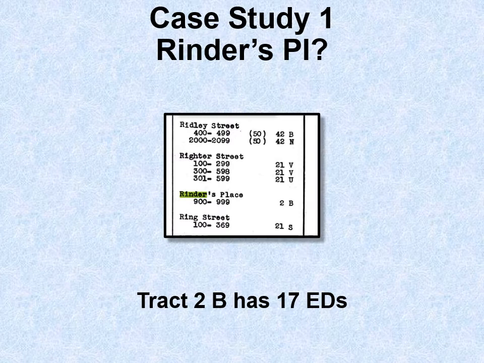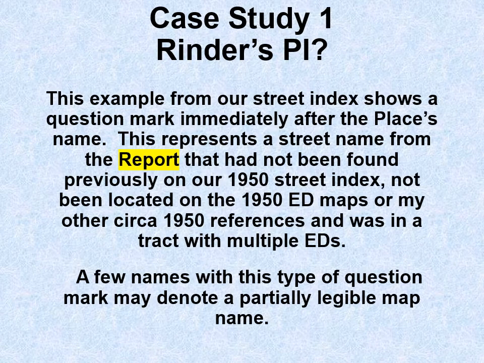All right, I'm going to show you two examples, two case studies. Rinders Place shows on the report in 2B, tract 2B, has 17 EDs. Okay, you notice that the question mark comes right after the place. This example from our street index, and that's how it's listed, shows a question mark immediately after the place's name.